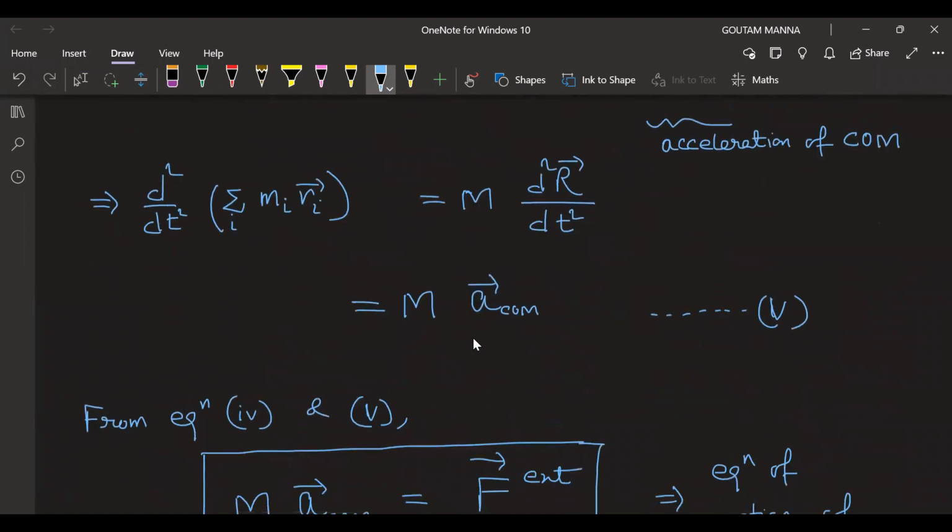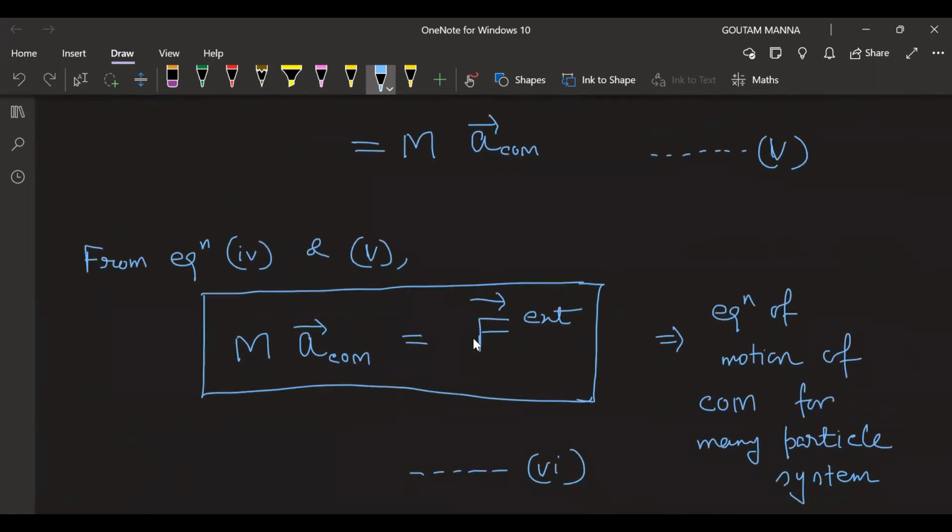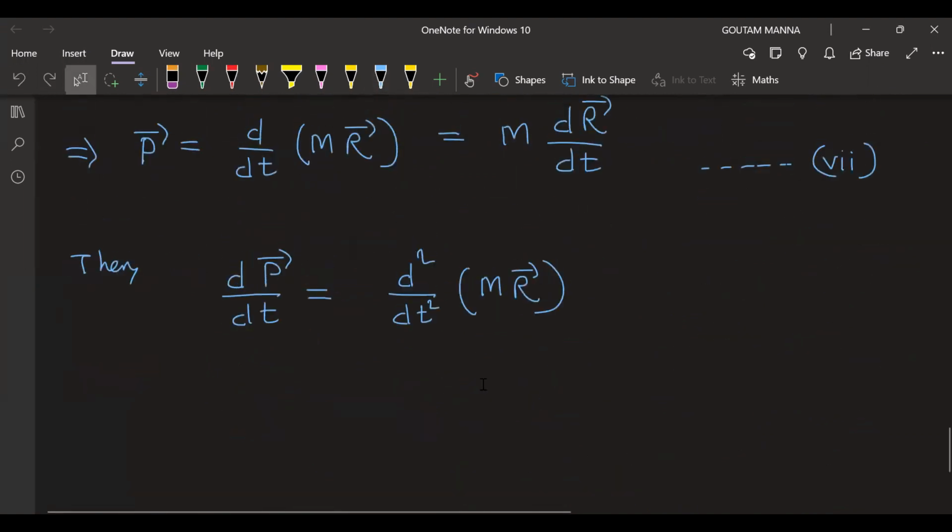From equation 5, that is M times the acceleration of the center of mass, which according to equation 6 is the net external force.